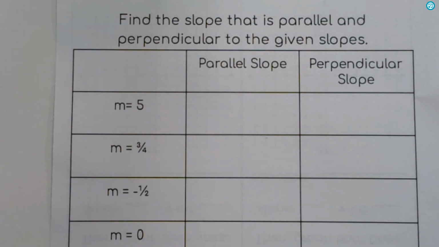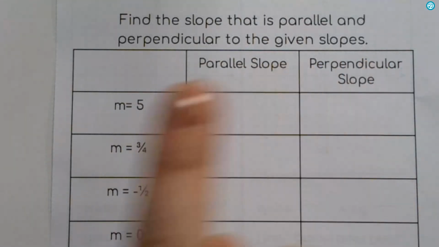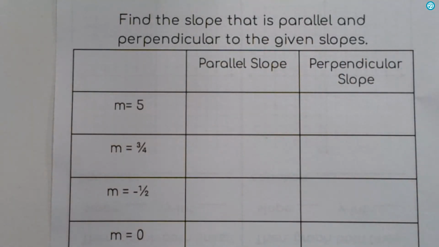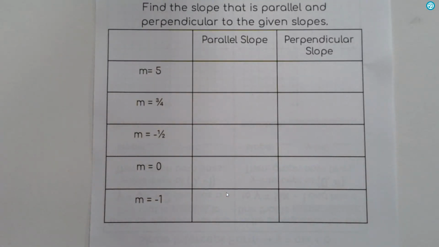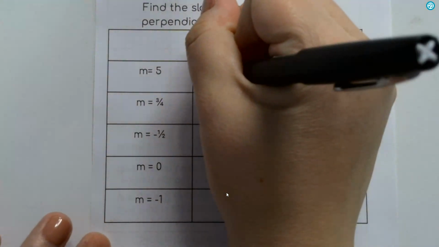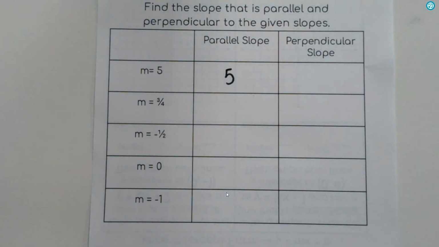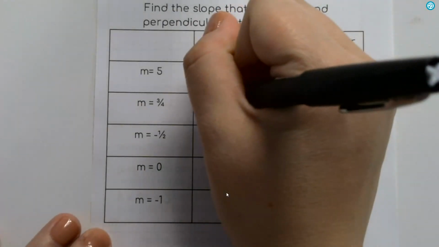So the first thing that we're going to do today is we are going to practice finding slopes that are parallel and slopes that are perpendicular. So finding slopes that are parallel is easy because a slope that is parallel is the exact same thing. So a slope that's parallel to 5 is also going to be 5. A slope that's parallel to 3/4 is also going to be 3/4.